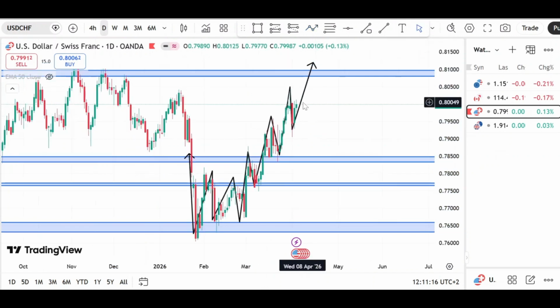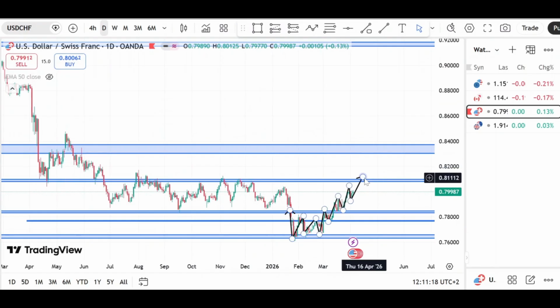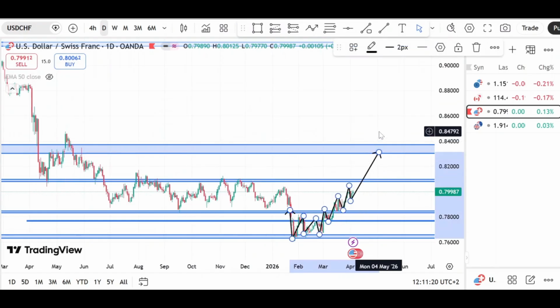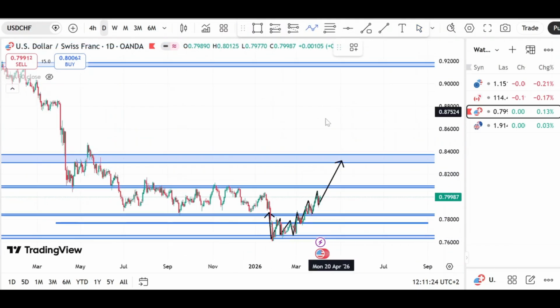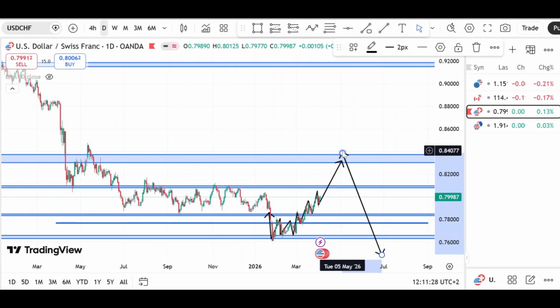We expect the price to keep moving upward in order to retest this 3-month zone. Remember, we are waiting for the creation of a lower high before looking for a sell.